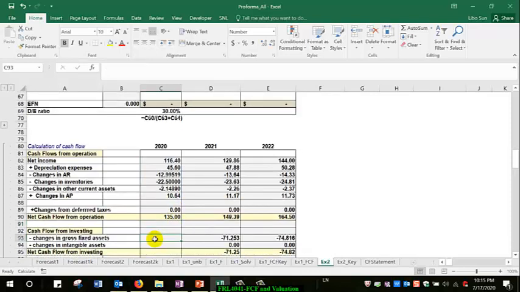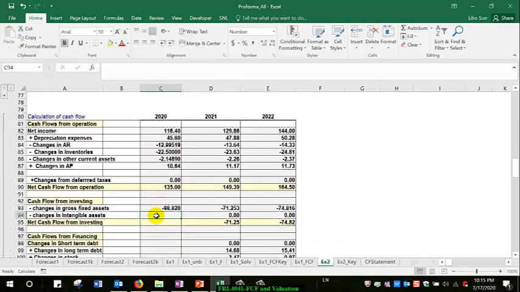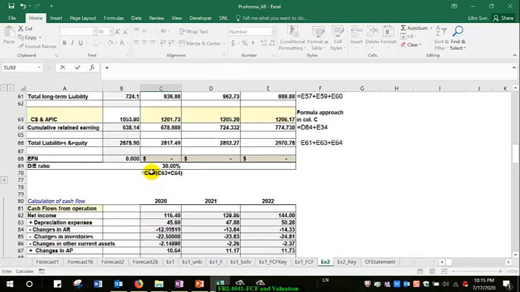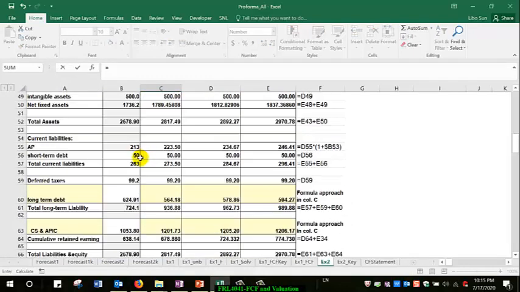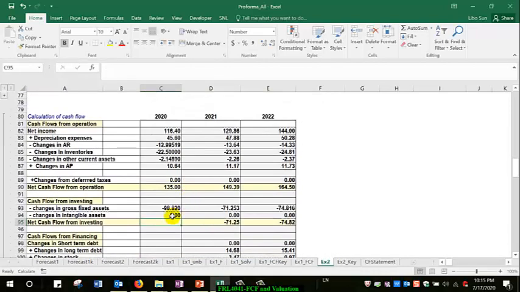Move on to the change in fixed assets. Again, old minus new, the gross item. Intangible, I believe we don't have any real impact, but still we want to consider. Then we have total.